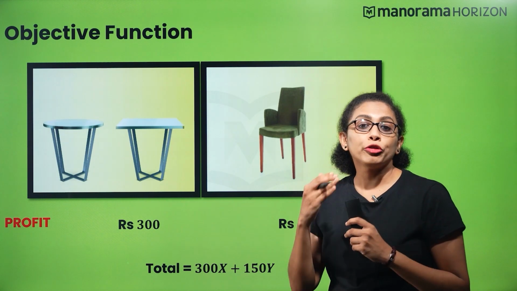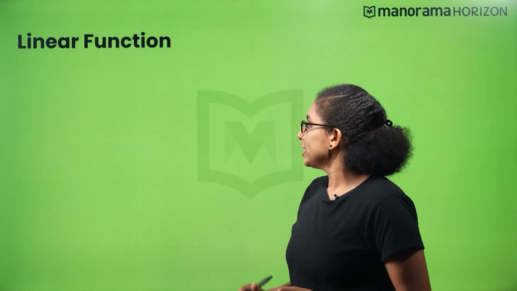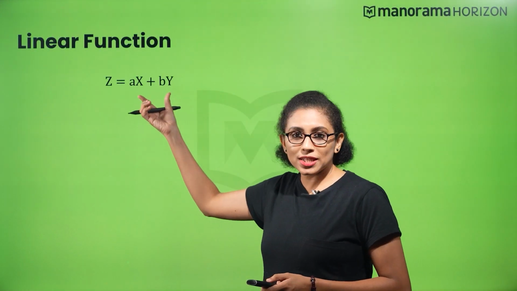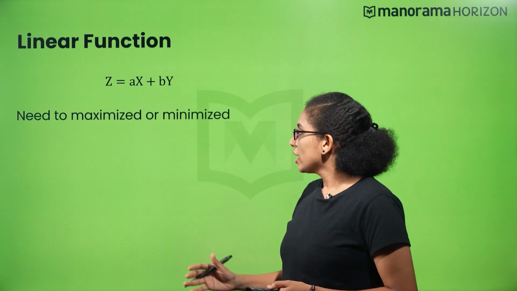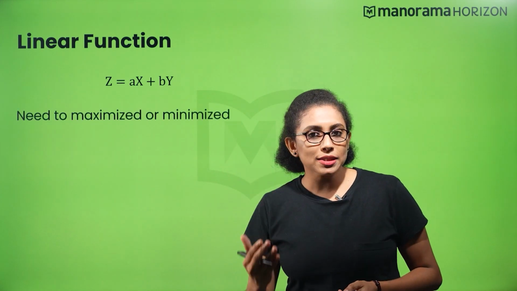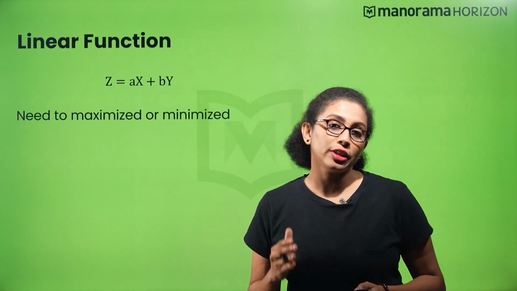Now, I have to maximize this function. The linear function z equals ax plus by, where a and b are constants, that needs to be maximized or minimized is known as the linear objective function.